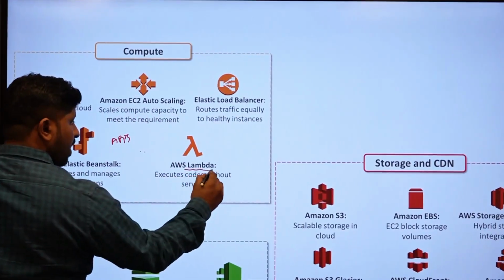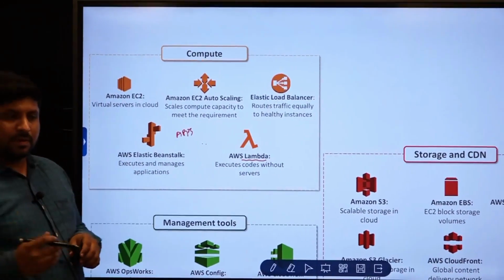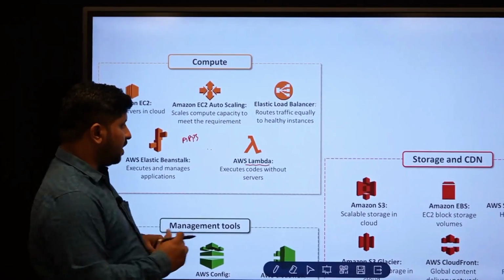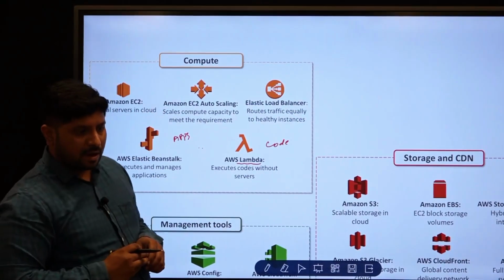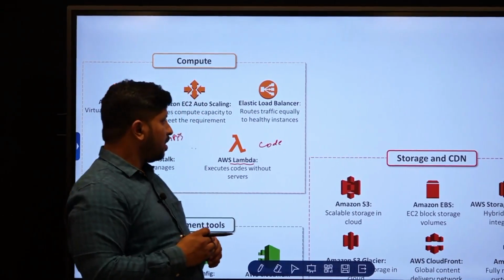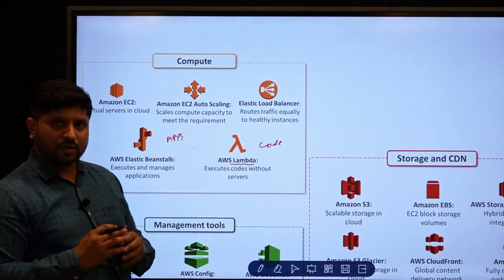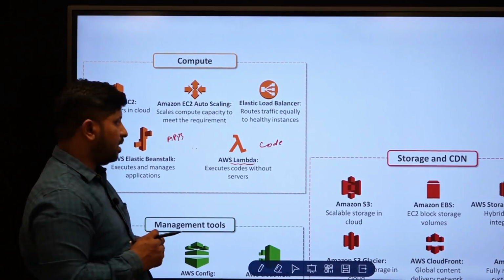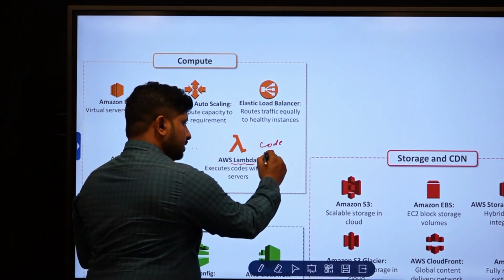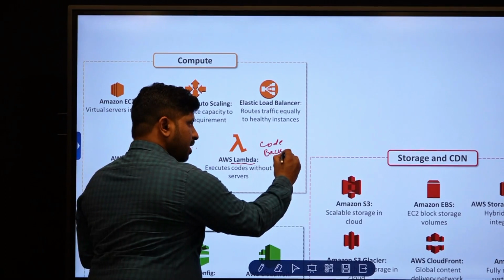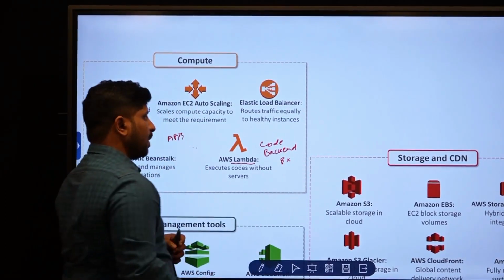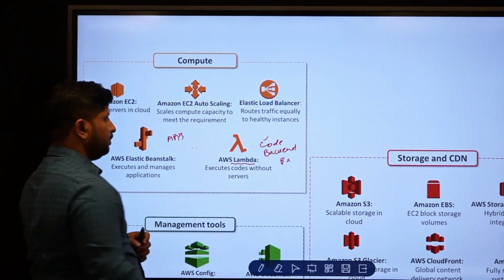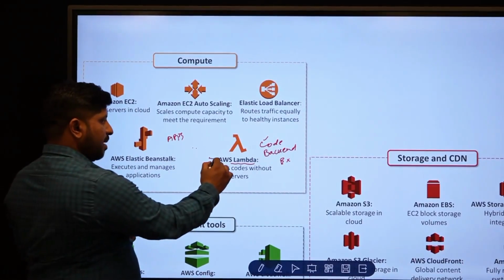Whereas we do have Lambda service, which allows developers to run their code without having any stress of what type of servers or infrastructure they are running on, or else you can say it is executed in the background, or back-end execution is going to be happening. And to execute the code, we will be using Lambda service.